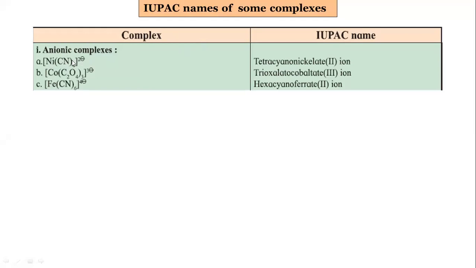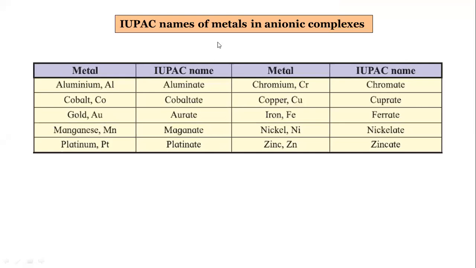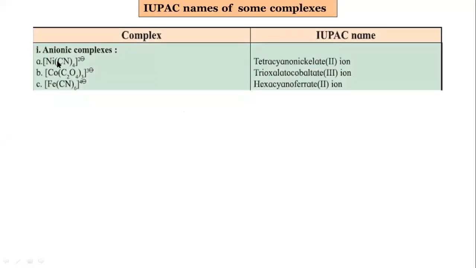Anionic complex means the complex is negatively charged. And in this table, see, once again I am going to show this table. This table indicates clearly when the complex is anionic, what is the name of the metal? Nickelate here.